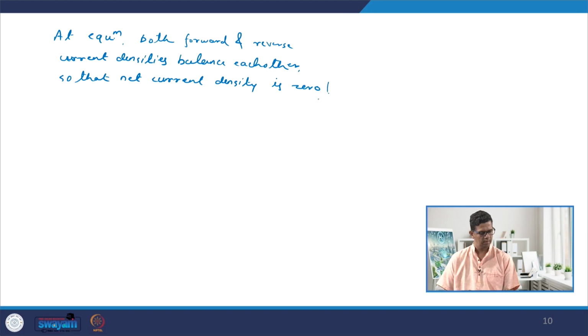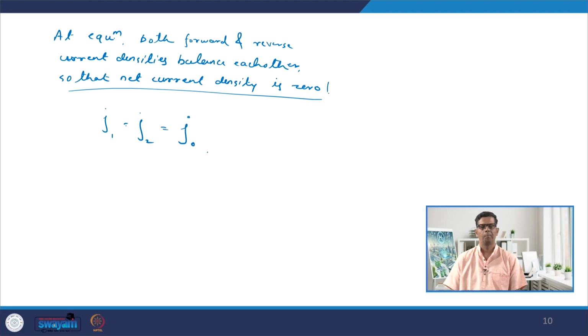Okay. So how do we do that? We basically say J1 is equal to J2, that equals one more parameter we are going to introduce, which is called J0, and J0 is basically the exchange current density. So this is, please remember, at the equilibrium.